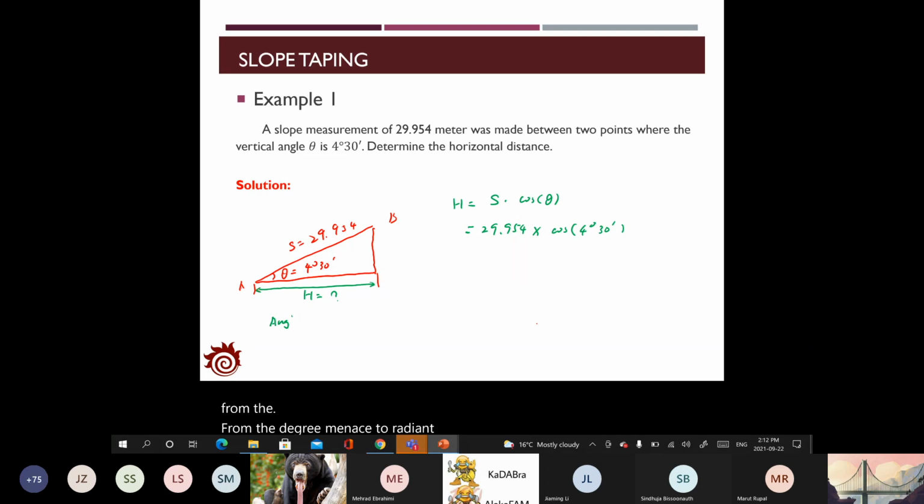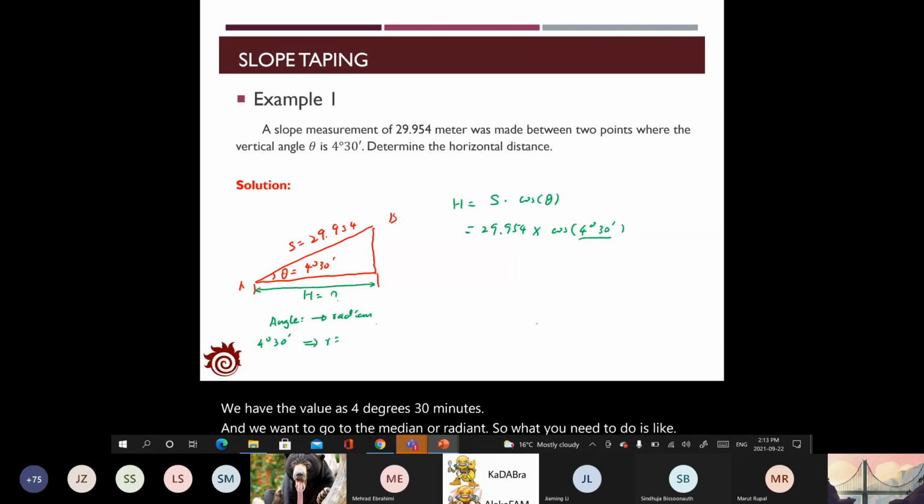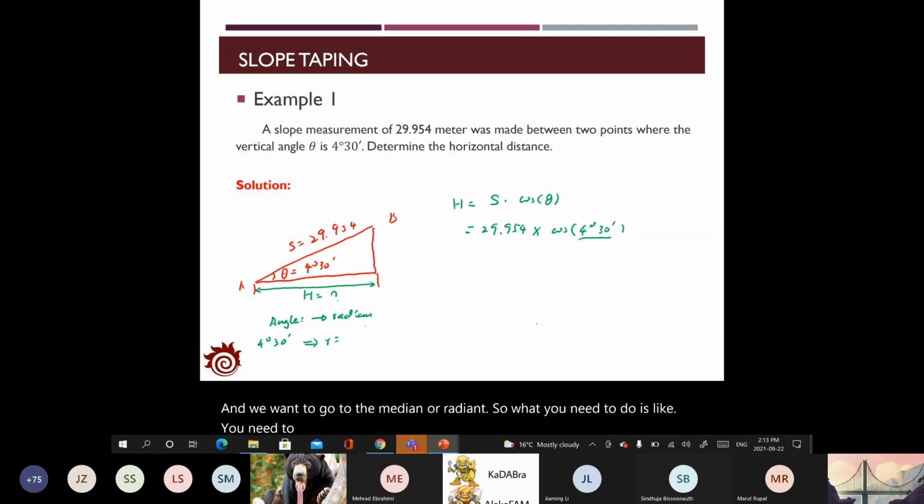So let me give you a quick method to convert the value. Take this as one example. We have the value 4 degrees 30 minutes, and we want to go to radians.